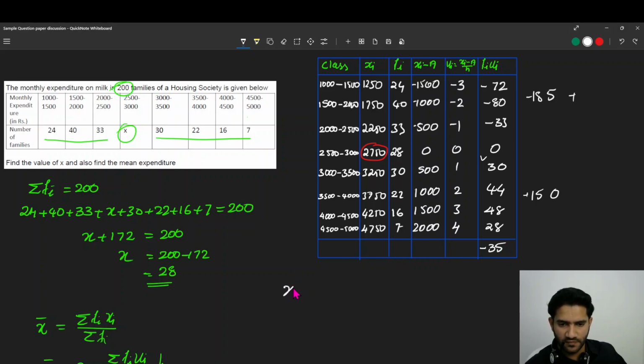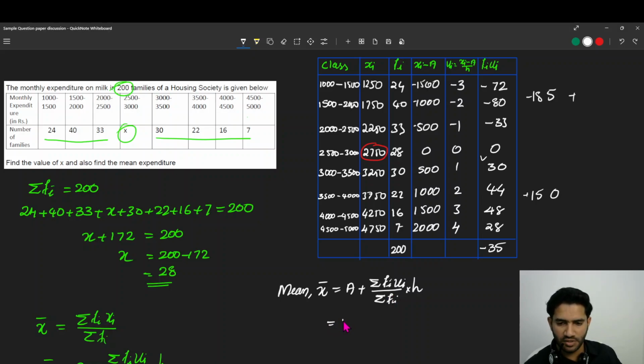Now we can use the formula for finding the mean. X bar equal to A plus sigma fi ui divided by sigma fi into h. So here sigma fi, no need to calculate because it is given that there are 200 families.